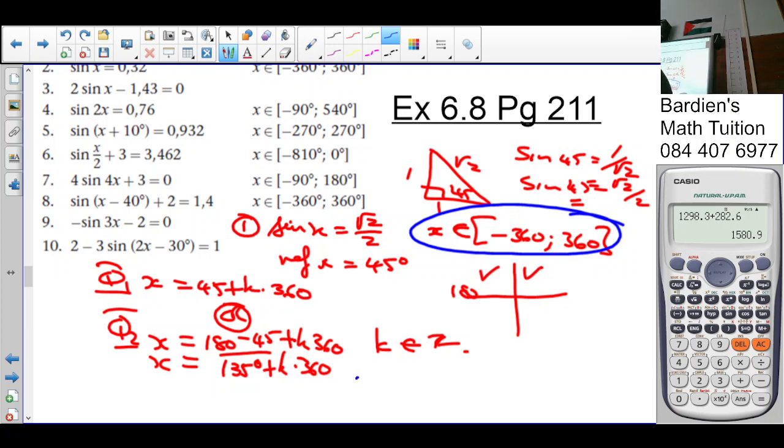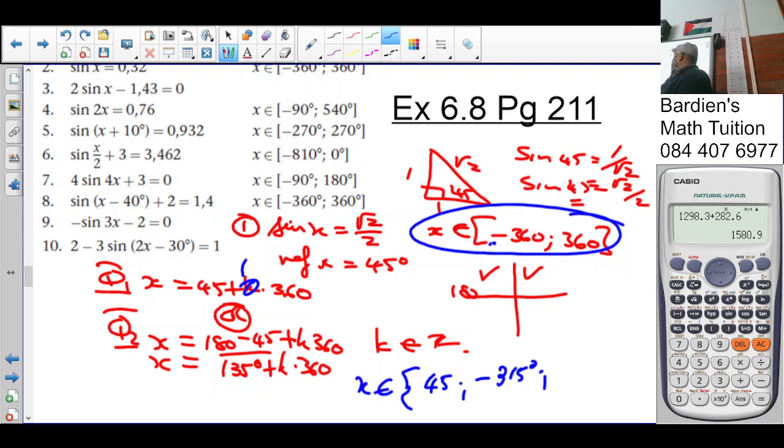So we start with k equal to 0. If I put 0 through here, I'm going to get 45, which is within that domain. If I put 1 in here, I'm going to get 405, which is outside this given domain. If I put negative 1 in here, I'm going to get negative 315. If I put negative 2 in here, it is way outside this lower boundary. Then we put 0 in this equation, I get 135.